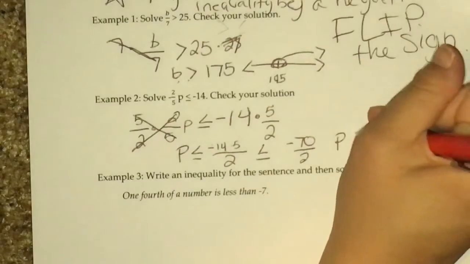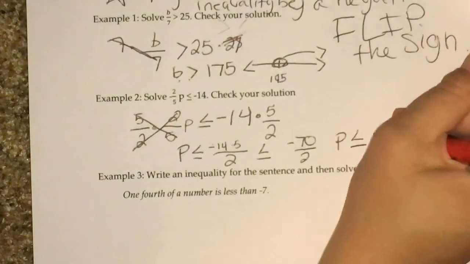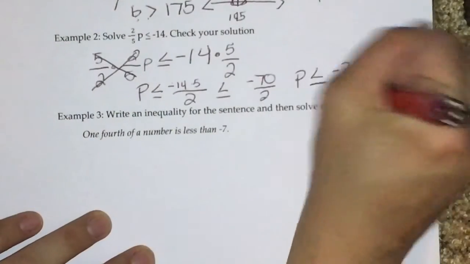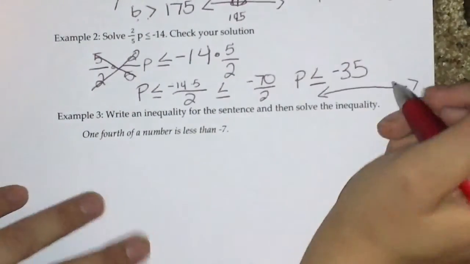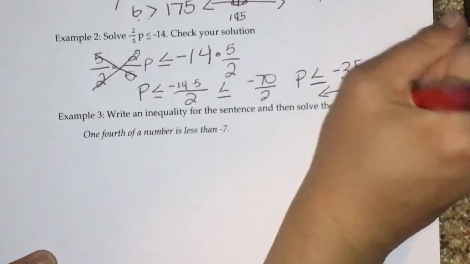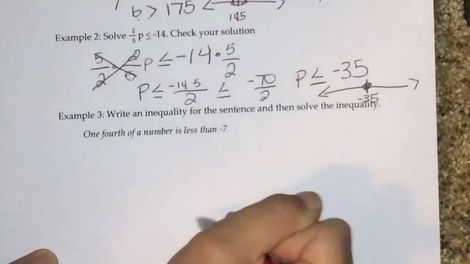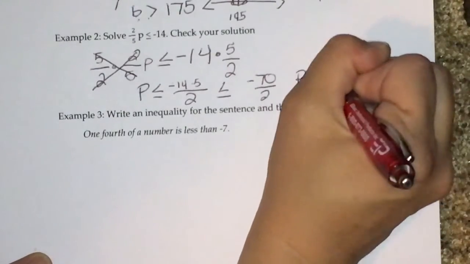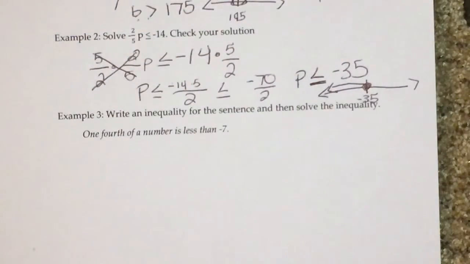So p is less than or equal to negative 35. If I were to graph this, I would have a closed circle on negative 35, and I would be going to the left because p is less than or equal to negative 35.